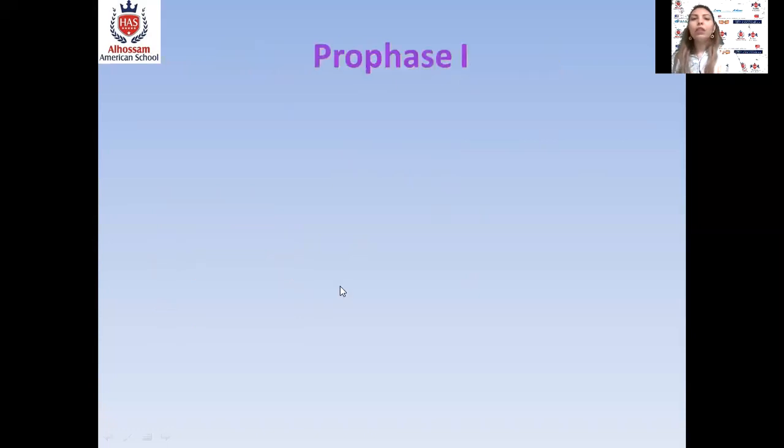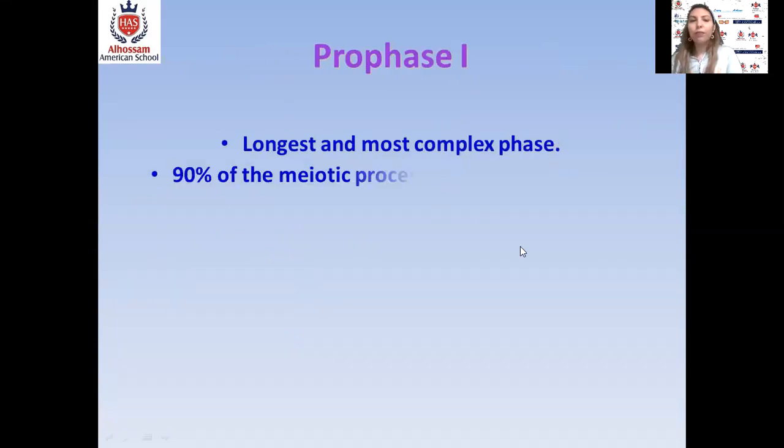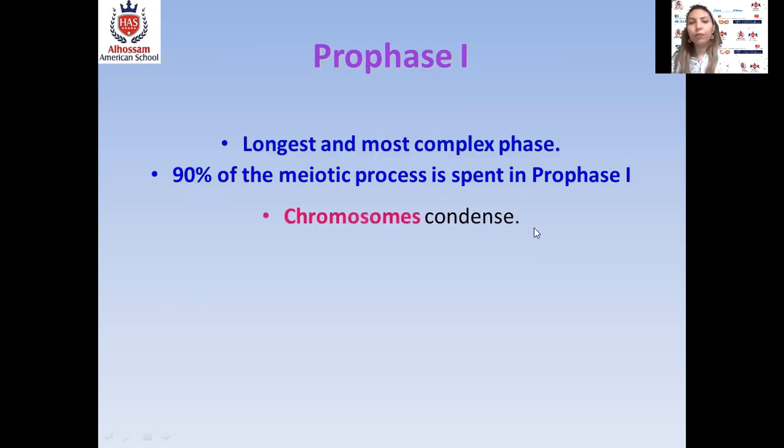So prophase 1 is the longest and most complex phase. It takes almost all of the time, and 90% of the meiotic process is spent during prophase 1.